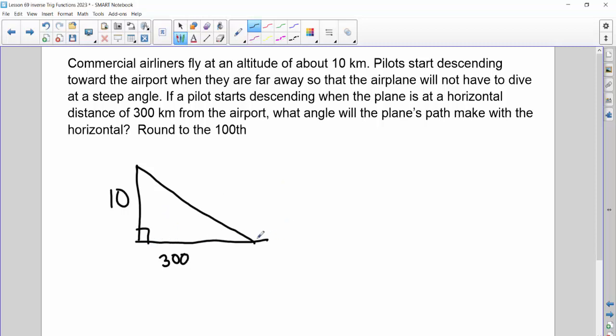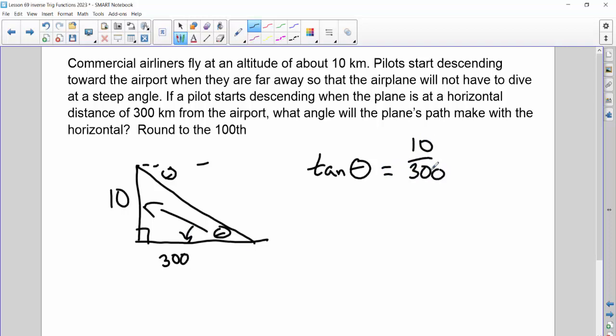Well, here's the horizontal here, or you could say the horizontal's here. Doesn't really matter. It's the same angle because they're alternate interior angles of parallel lines. If I want to find that angle, I know the tan of that angle, and I'm using tan because I have the opposite and the adjacent, is equal to 10 over 300.